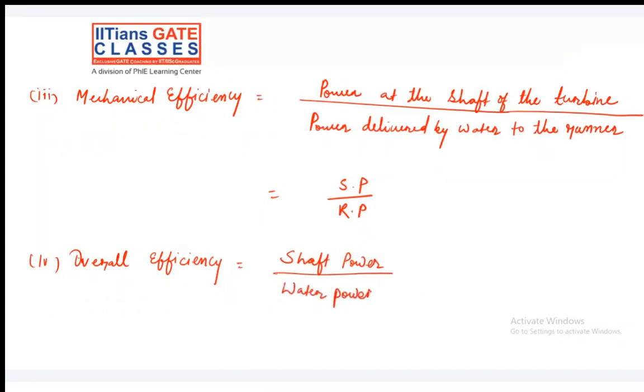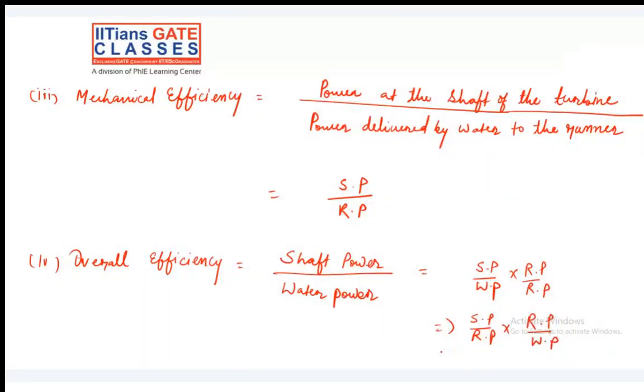Overall means finally what we are getting and initially what we supplied. So can we write shaft power upon water power, multiplied by runner power upon runner power? Can you see that this is shaft power upon runner power, and runner power upon water power?